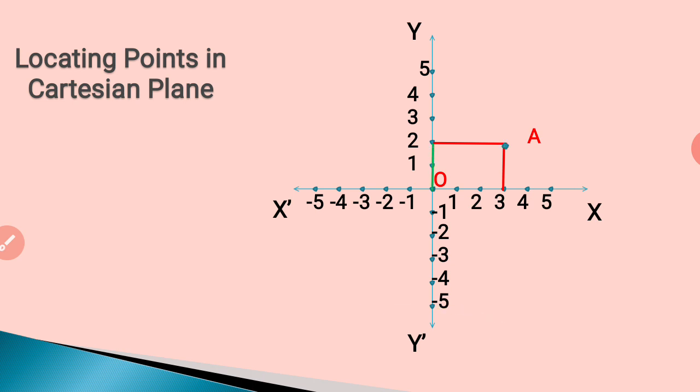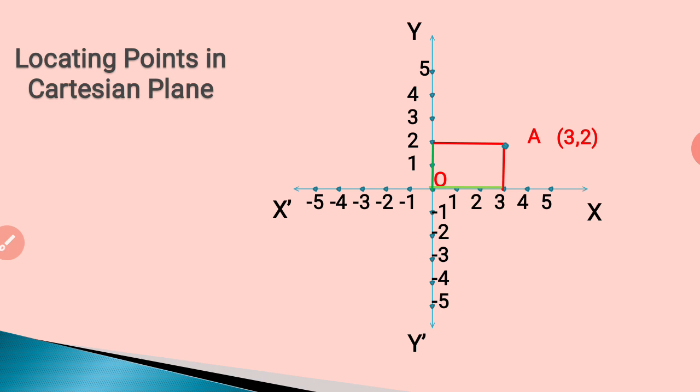Then we find out the location of the point from the y and the x axis and we write the coordinate of it.